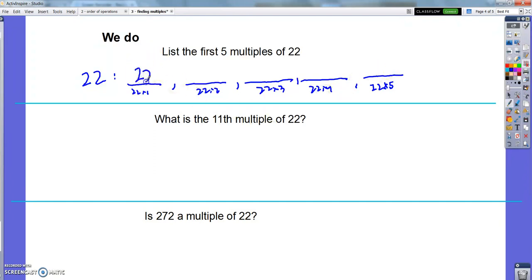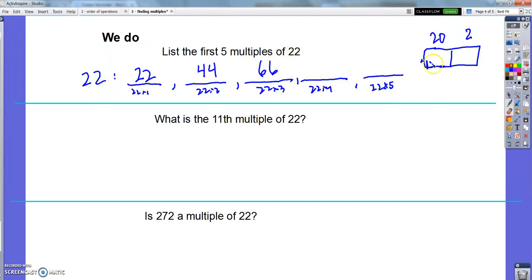So I'm going to say that 22 is the first one, 22 times 1. 22 times 2 is 44. 44 is the second one. 22 times 3 is 66. 22 times 4, just adding another 22, is 88.